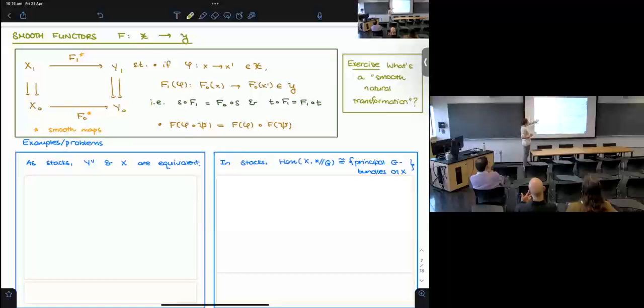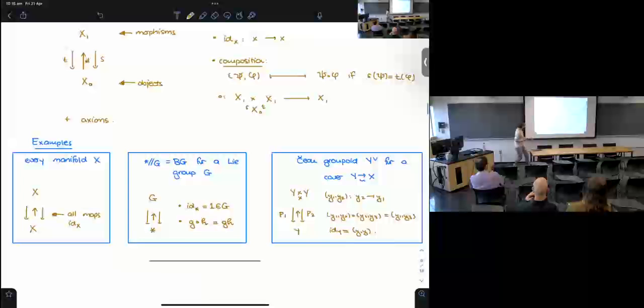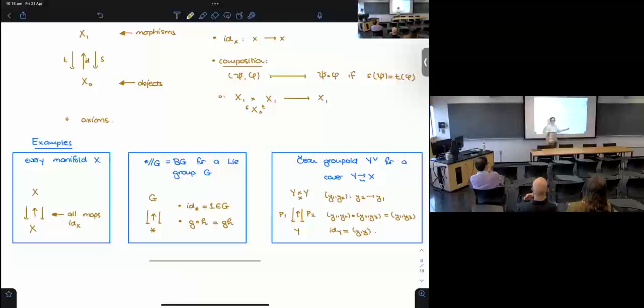So let me give some examples and at the same time, some problems with this definition. So for example, we just saw the Čech groupoid. Can you repeat what's the Čech groupoid again? Yeah. Sorry. So objects are Y, points in the cover. And morphisms are pairs that live over the same point downstairs.